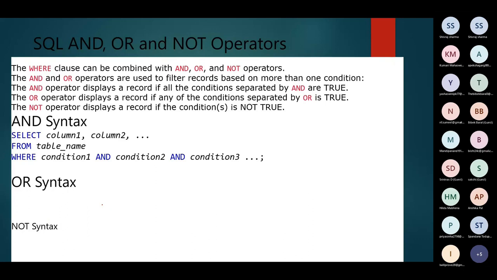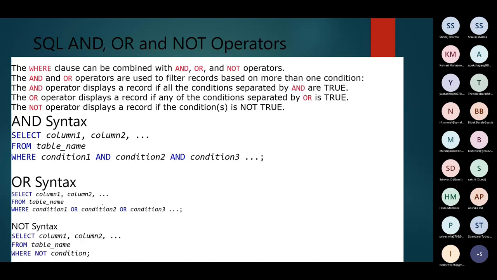So the and statement gives us the option of using multiple conditions in a single where, right? So what is the condition to execute it? We will see in the example. Okay, moving on with the or syntax, same thing, just replacing and with or. Okay, what about the not statement?